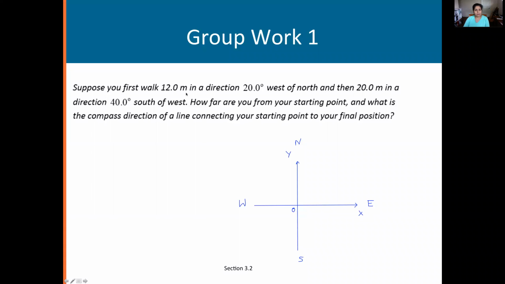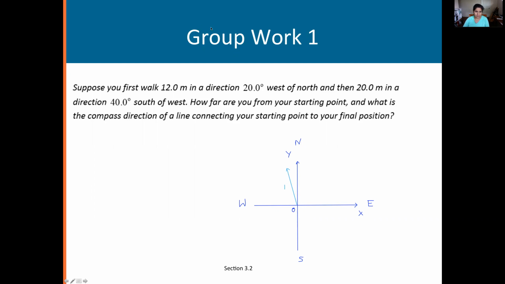Suppose you first walk 12 meters in the direction 20 degrees west of north. You're at the north, you need to go 20 degrees towards the west. Let's say this is my 20 degrees. And this is my first direction.